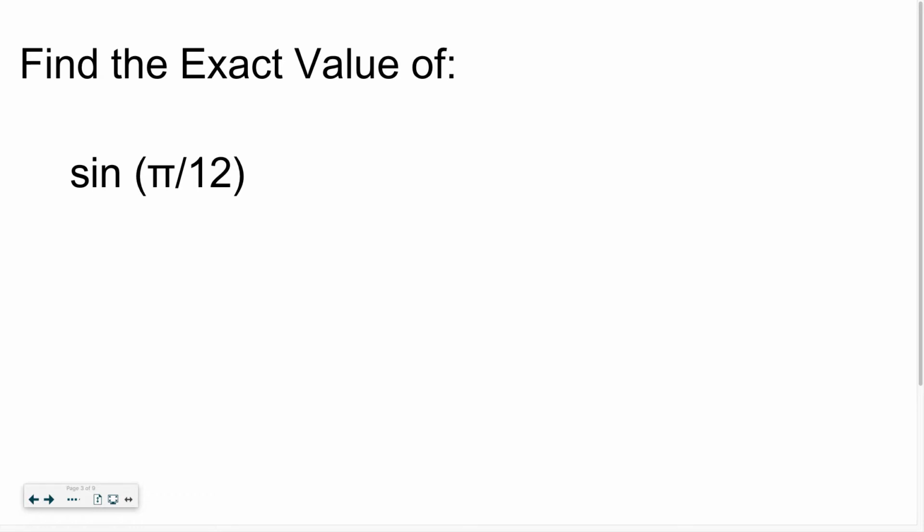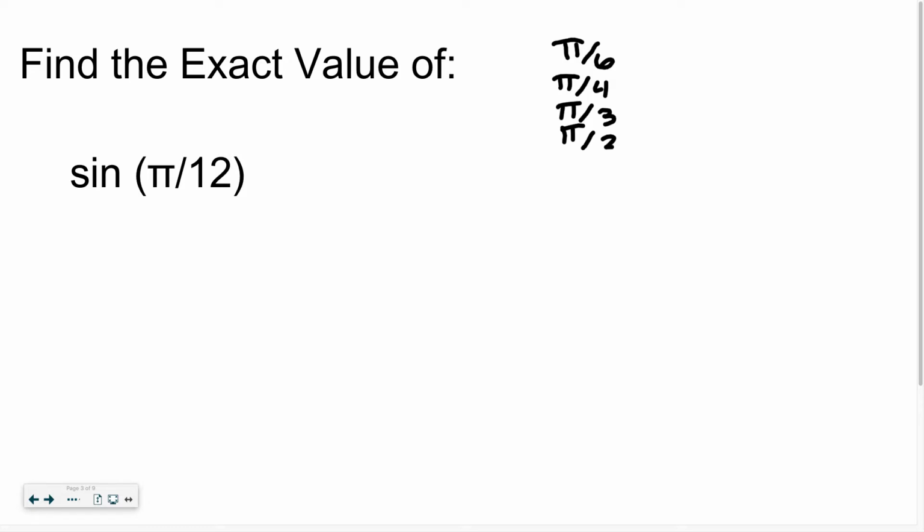So I want you to think about, and usually for smaller angles, I try to work in quadrant 1. If the angles are larger, I might choose angles based on which quadrant it's in. And there can be lots of different ways to do this, but I'm going to think about pi sixths, pi fourths, pi thirds, pi halves, and hopefully by then I'll be able to create a pi twelfths.